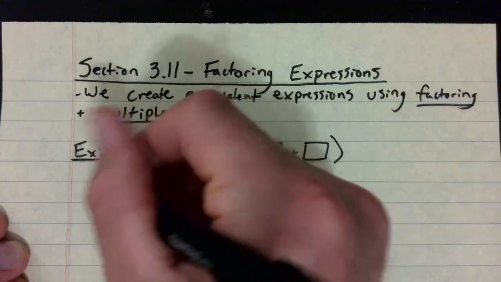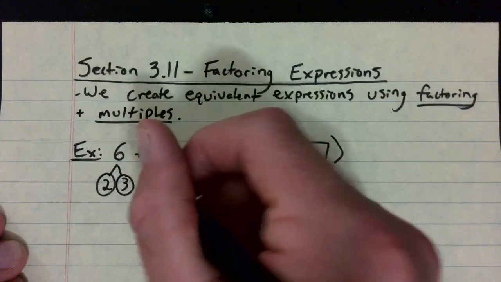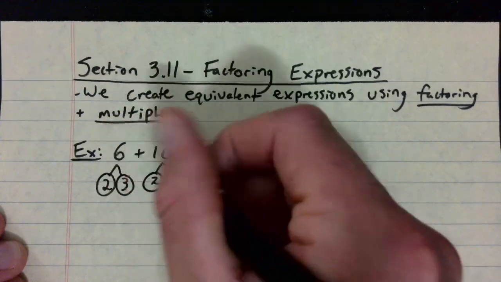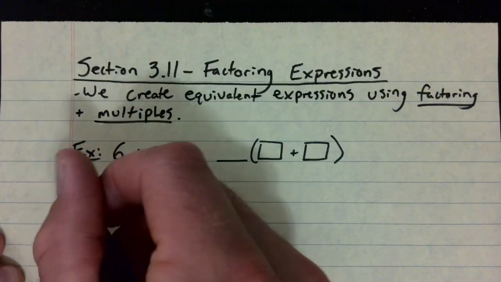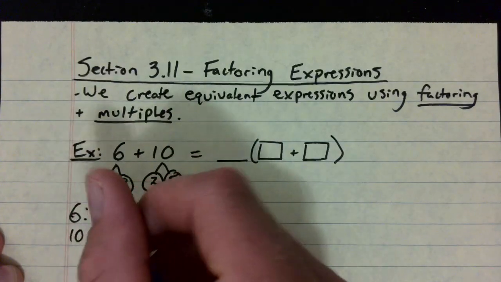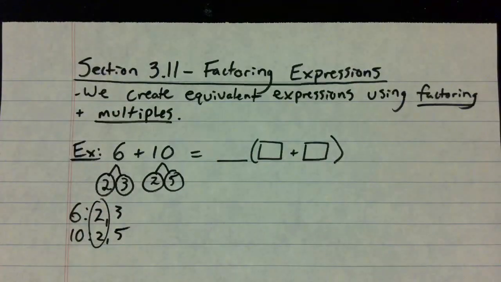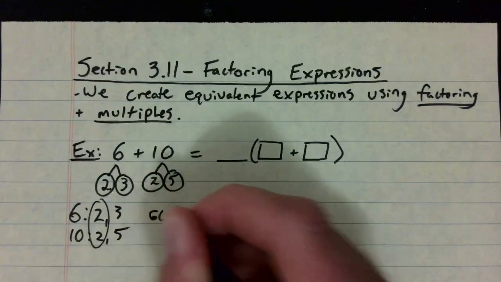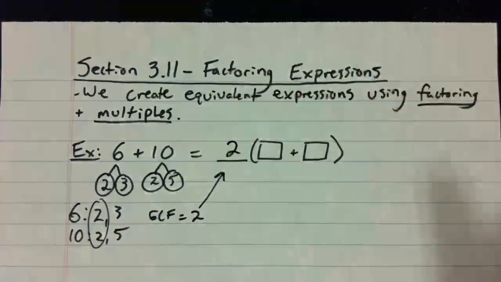We know these are your primes. And then we also know that when we factor out 10, we get 2 and 5. So when we write out the prime factors of 6 and 10, we have 2 and 3 and 2 and 5. So we do know that our GCF is 2. So we just plug in our GCF 2 right into that first line.